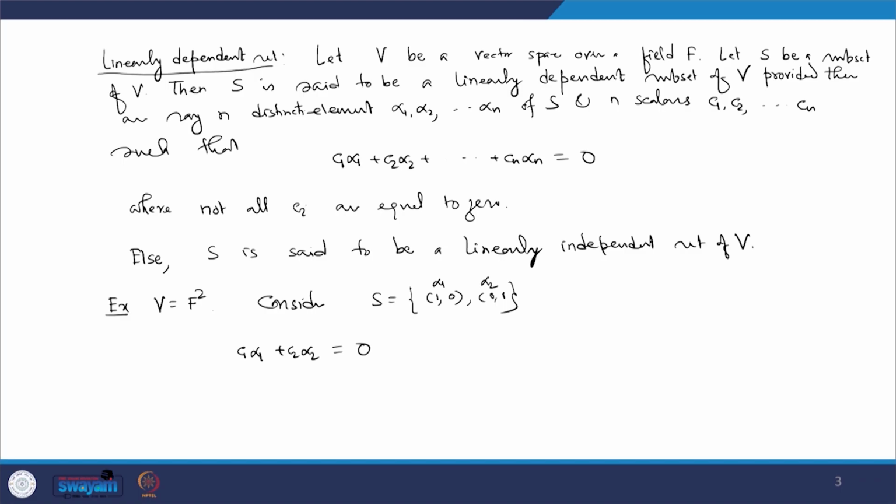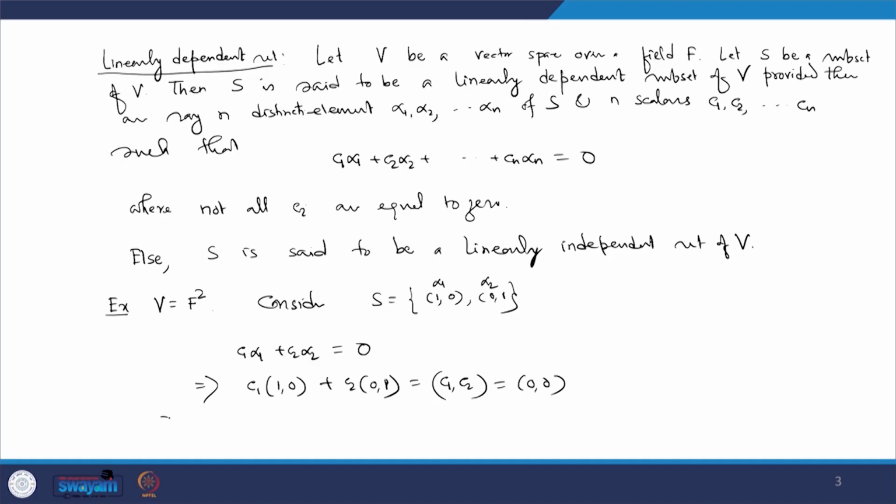Let me check it. So, this means that I will have C1 into (1, 0) plus C2 into (0, 1), which is equal to (C1, C2), which is equal to (0, 0), a vector coordinate. So, this implies that these two vectors are equal if their corresponding components are equal.